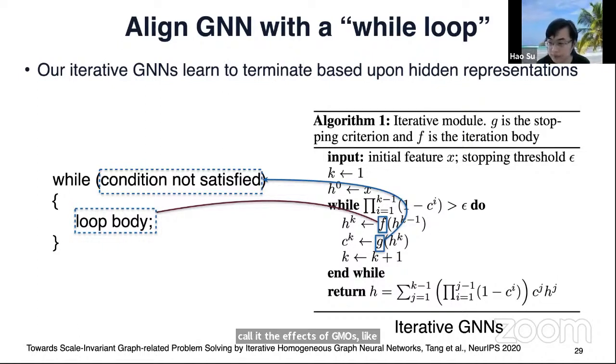Here k is an index about the number of layers that we have passed, or the number of iterations we have passed the messages. And H corresponds to the node and edge features. So we could do a for loop, and for every iteration, we will update the features according to the features in the previous iteration.